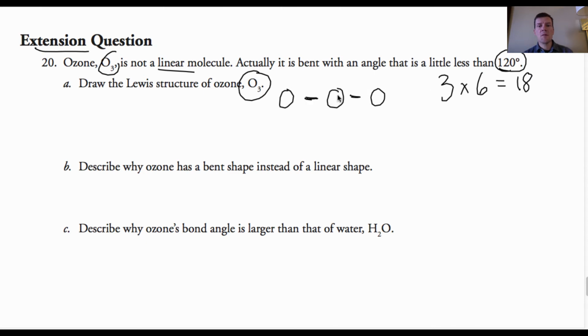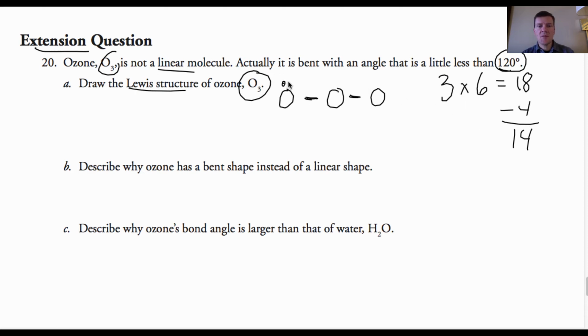We've got a bond between those, so I have 4 electrons now drawn. 2 bonds, 4 electrons, 2 and 2. So I need to draw 14 more. Let's start on the outside atoms, and then we finish on the central atom. Draw the Lewis structure here.